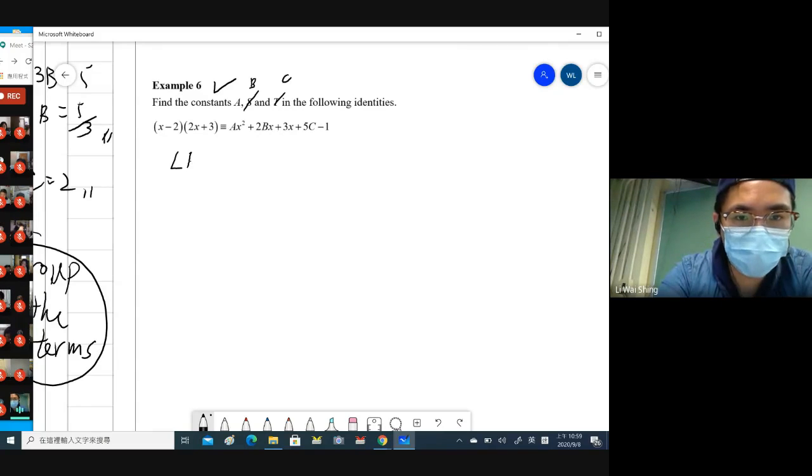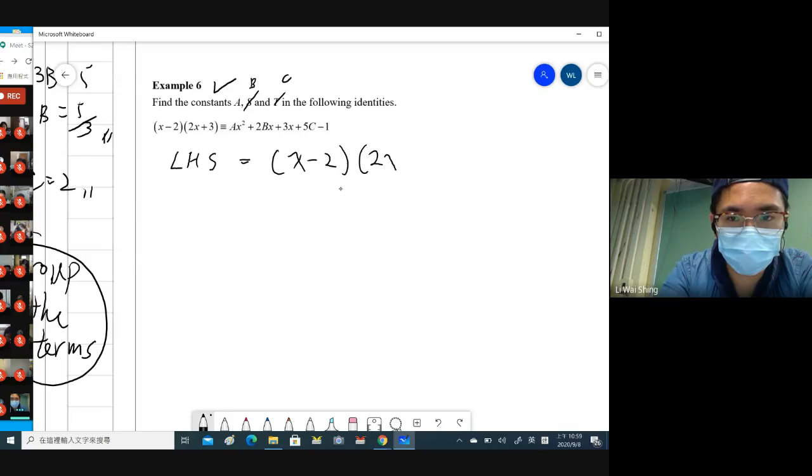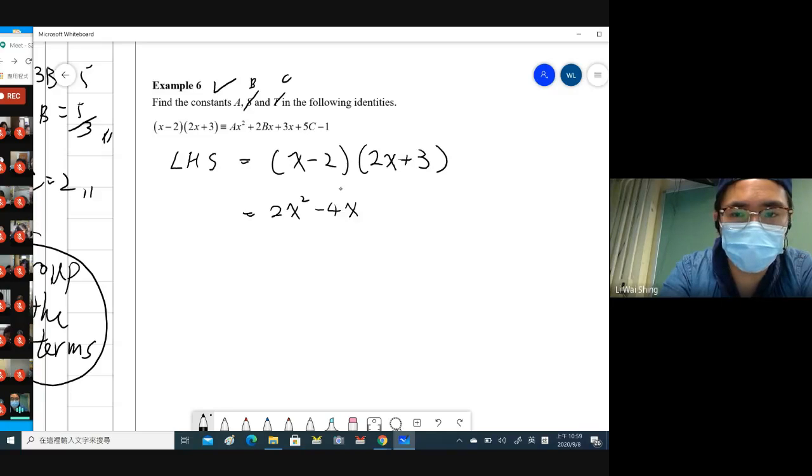Okay, so I do the left hand side for you and try to group the terms in the right hand side. So the first two terms multiply together: 2x squared minus 2 times 2x minus 4x, x times 3 plus 3x, and then minus 6.